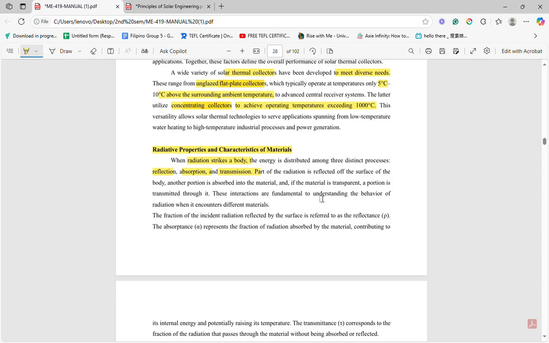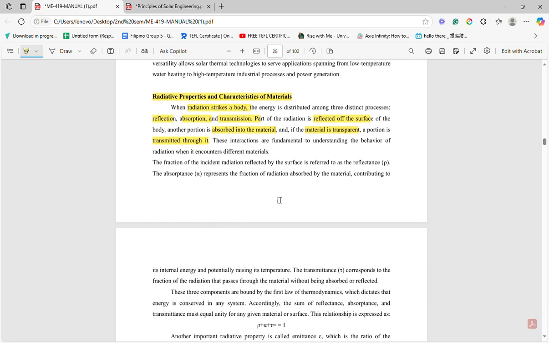Part of our radiation, when it hits the surface, gets reflected. There is also a part that is absorbed by the material. And if the material is transparent, then it will transmit through it.